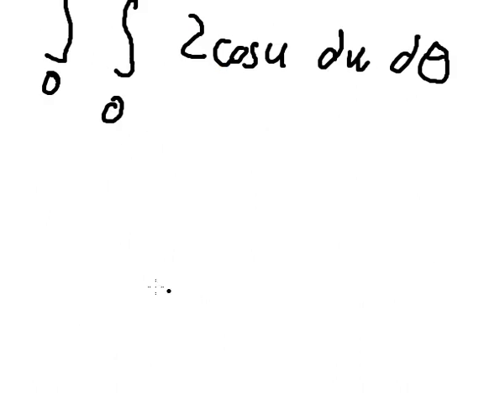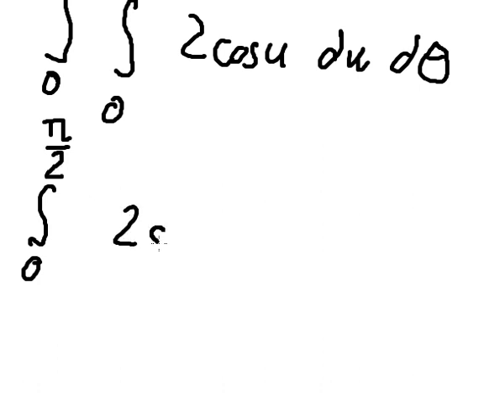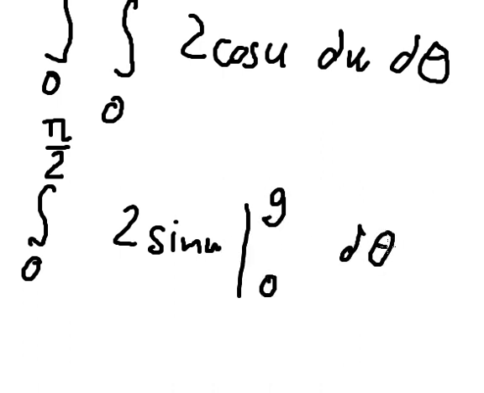The integration of cosine u is sine u, and we put the bounds from 0 to 9. So we put 9 here, 0 here.